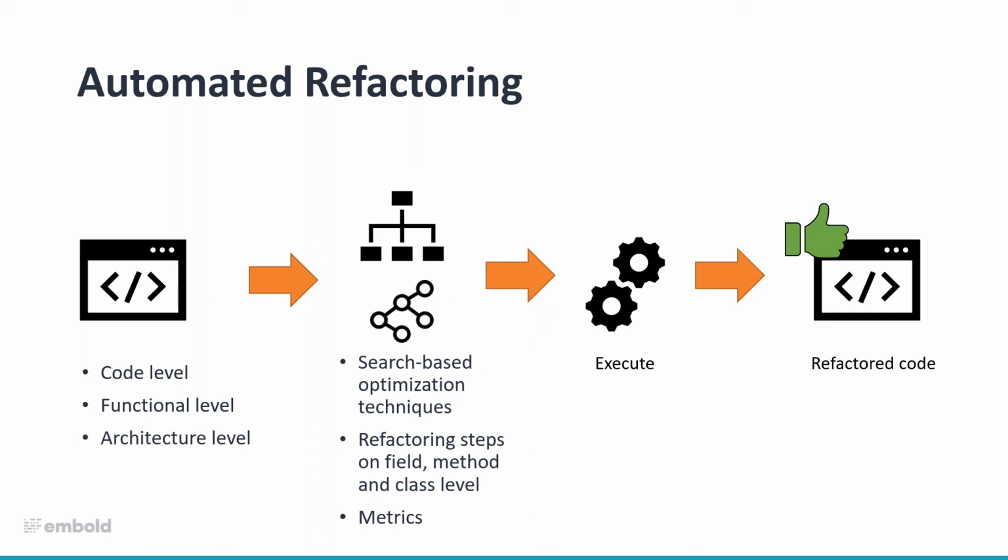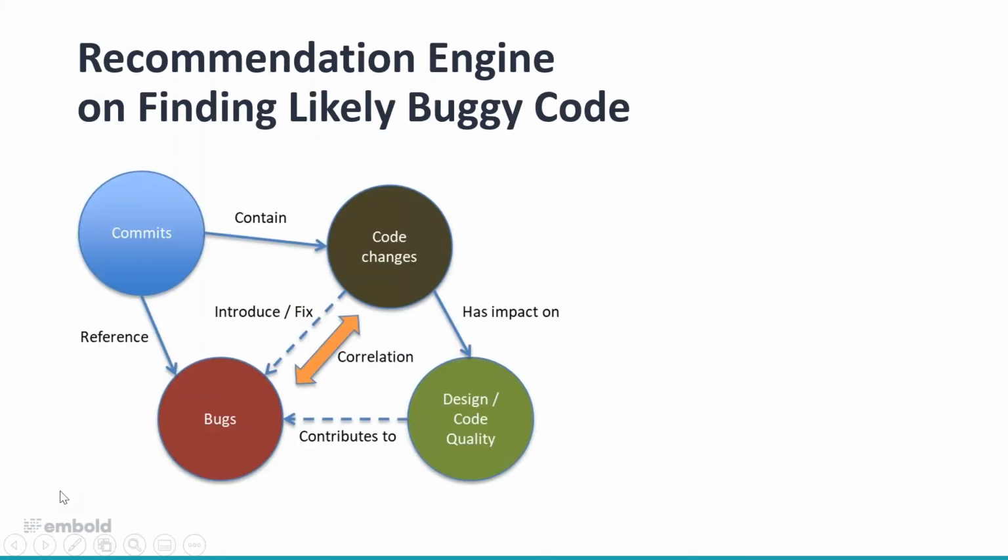The last feature that I would say is important to have is a recommendation engine to recommend to developers or managers which code has a likelihood of being buggy in the future.